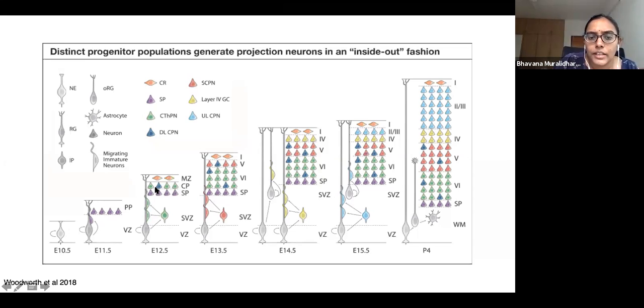This is then followed by the same progenitors dividing and making basal intermediate progenitors, which divide and give rise to layer 5, which migrates past layer 6 and sits on top. And in between, you also have the formation of outer radial glia, also called the OSVZ progenitors or basal radial glia, which have more division potential than the basal intermediate progenitors.